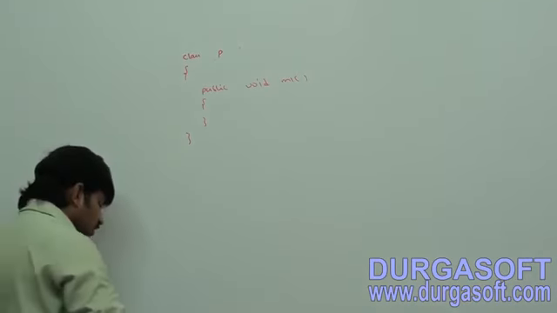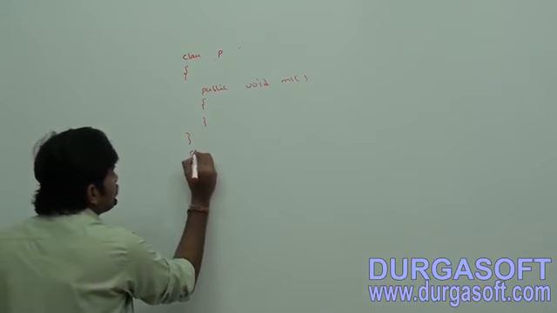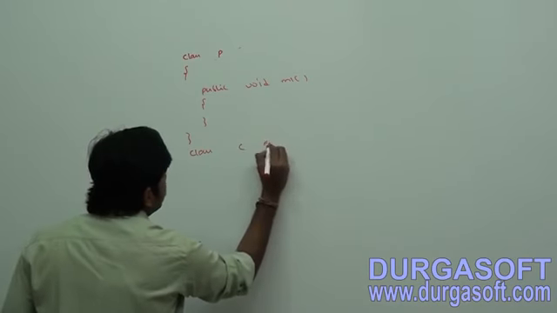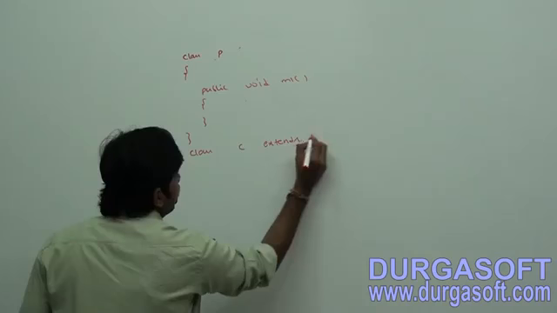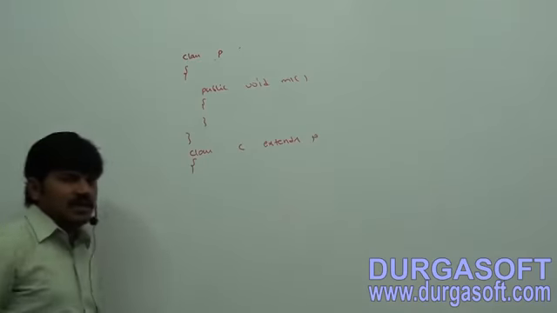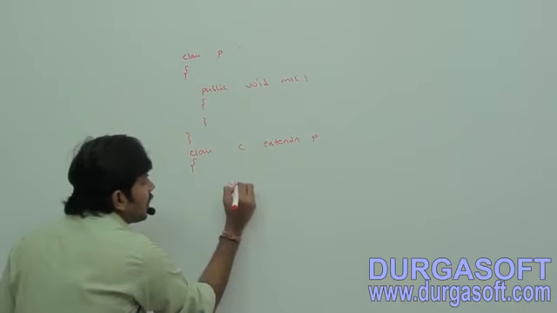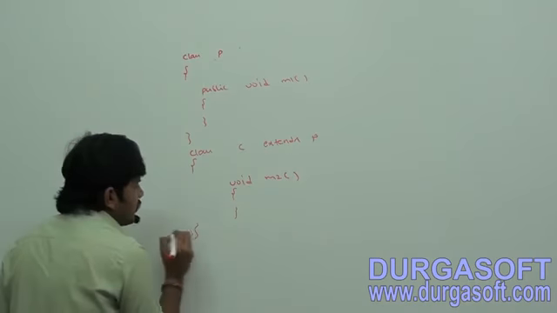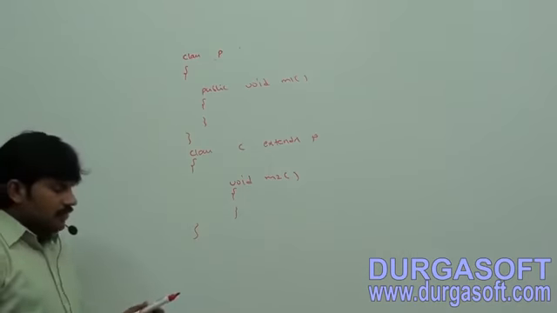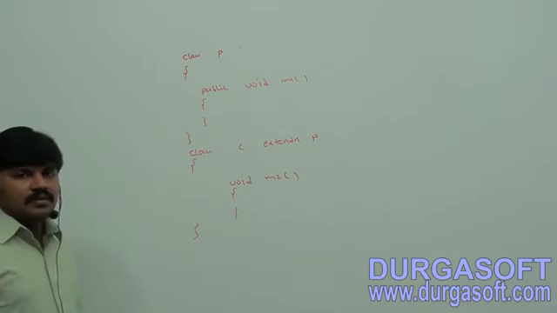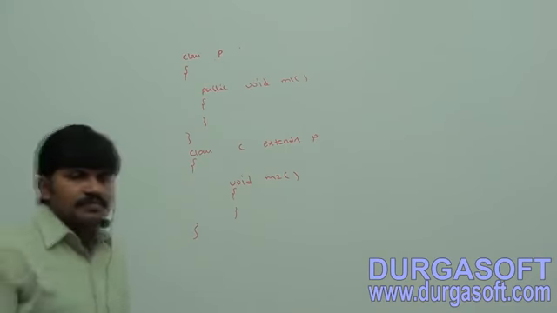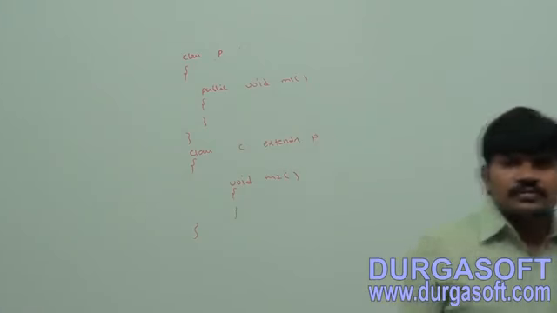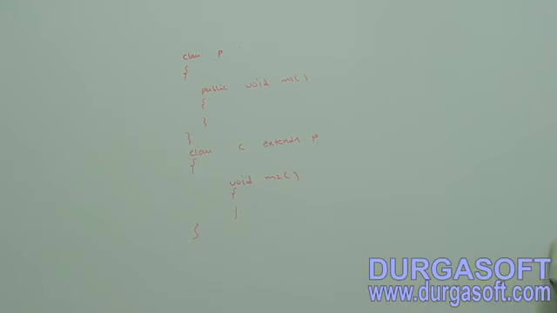In the child class, I am trying to override: class C extends P, now I am taking void m2 method. Can you tell, is it valid or not?